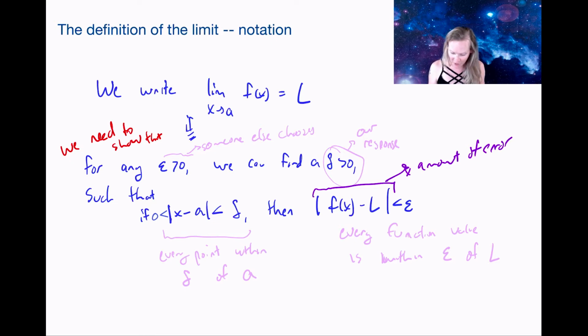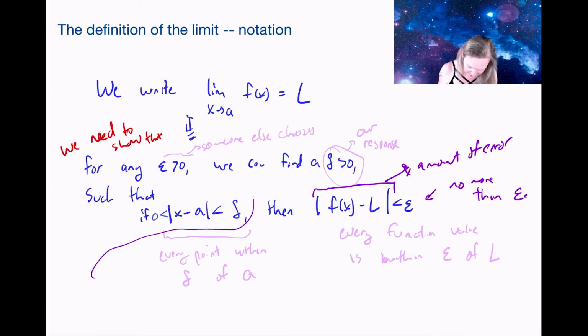We'll accept no more than epsilon. How do we control the amount of error, or how far off in terms of function values we are? We control the error by setting the value of delta. So we say if we're only allowed to go as far away from A as delta.